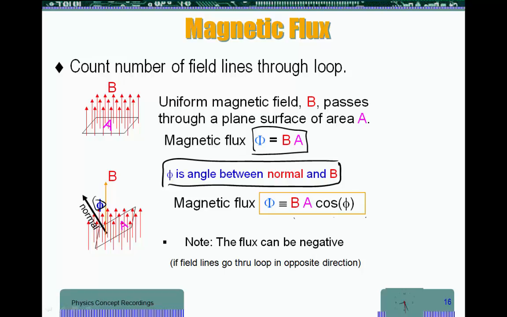One note to pay attention to, I can have a negative flux if the field lines are going in the opposite direction. For example, here, if I have the lines pointing in the opposite direction, my flux is going to be minus BA.